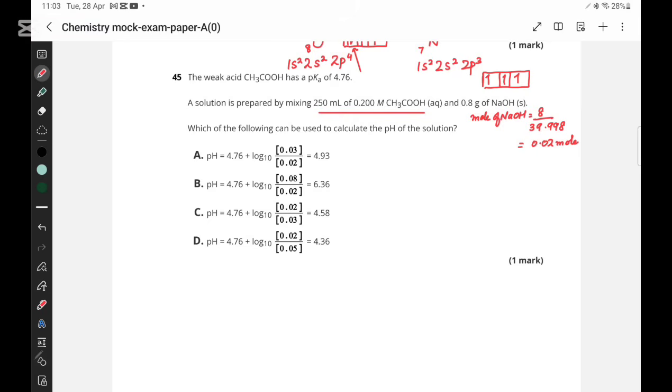And then for moles of CH3COOH, we need to do concentration times volume, 0.2 times 0.25, and that comes out to be 0.05. Now we need to use the ICE table, and before going into that, we have a formula: pH is equal to pKa plus log of the concentration of salt divided by the concentration of acid.